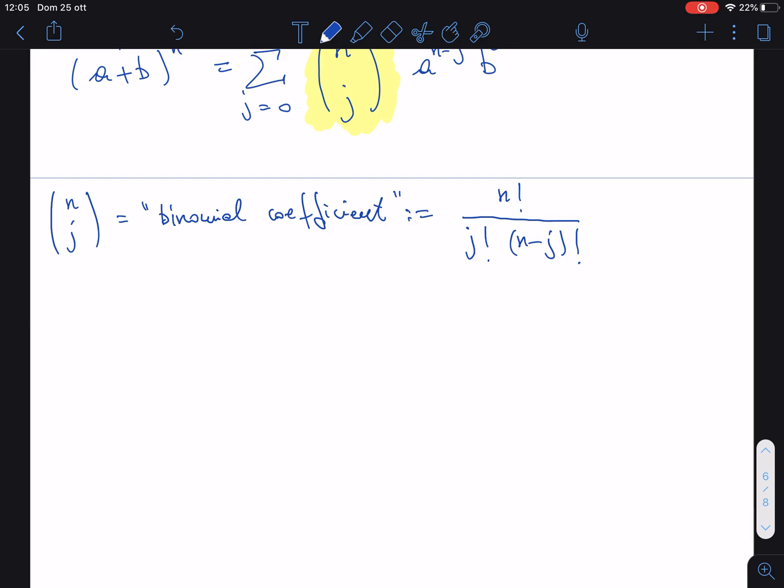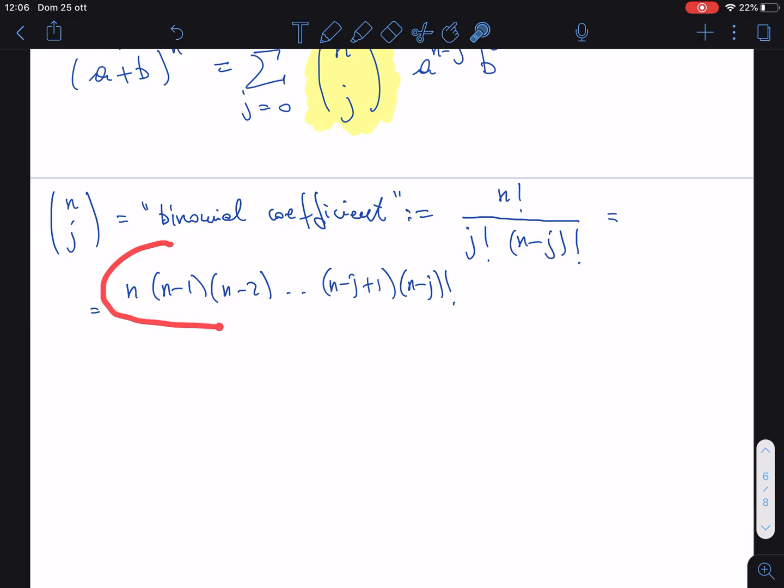For instance, by developing the factorial, here you have n times n minus 1, n minus 2, and n minus j plus 1, and then n minus j factorial. So it is clear this is the factorial, so you have the product of all natural numbers from n up to 1.